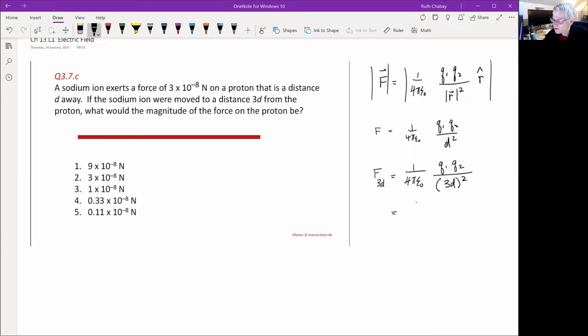And so that gives us 1 over 4 pi epsilon 0 Q1, Q2 over 9 d squared. So it's equal to 1/9 the original force. That's what a 1 over distance squared force does.